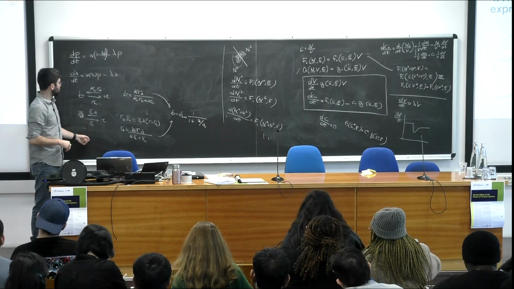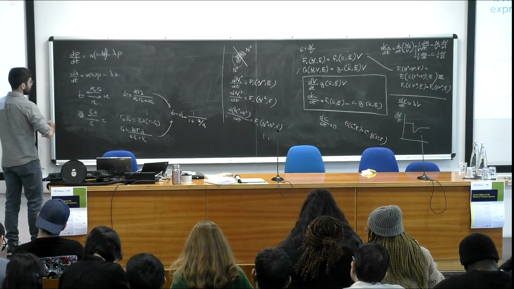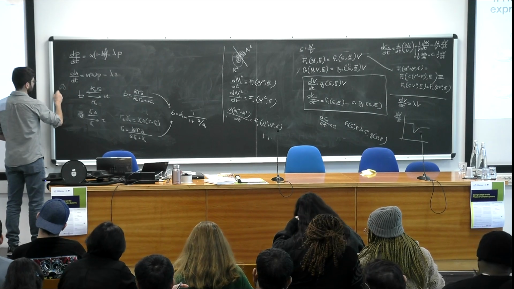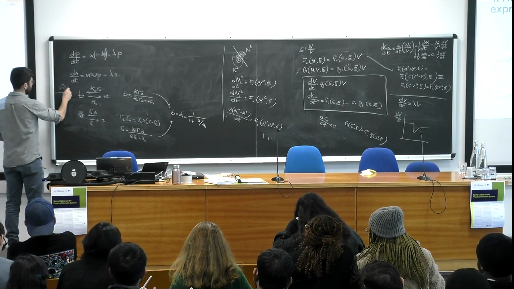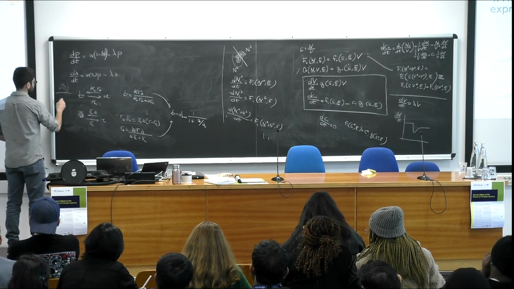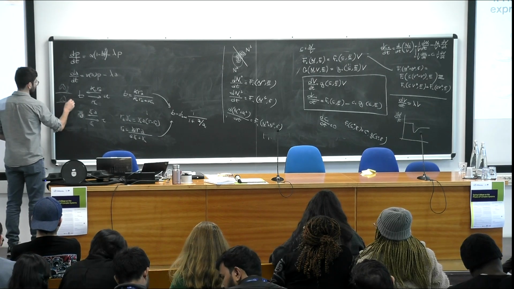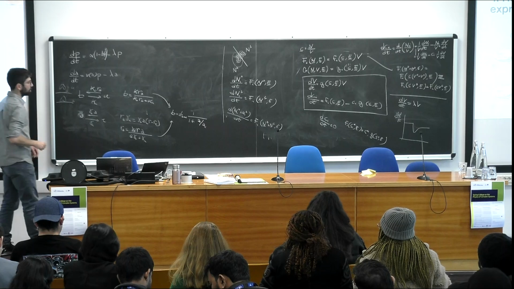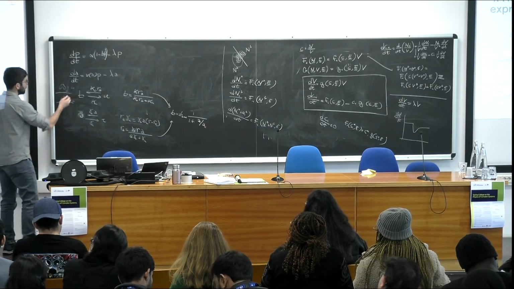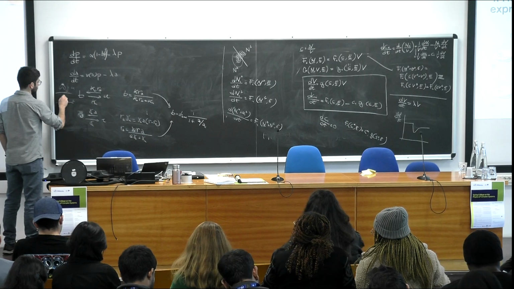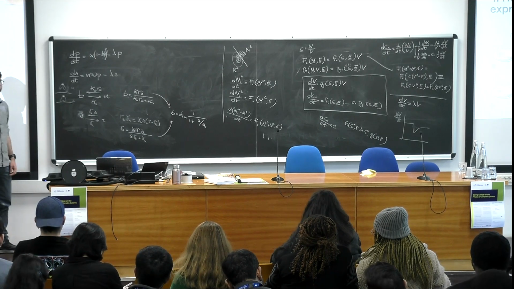So what you have here is the rate. You have this regulator which can be bound to DNA. So this is bound or unbound, okay? And this applies only to the ones which have arginine, okay?